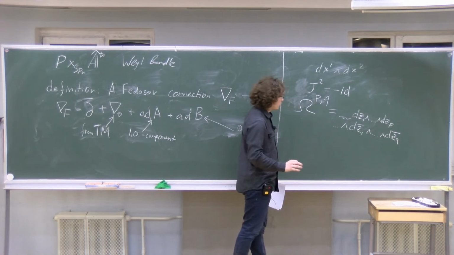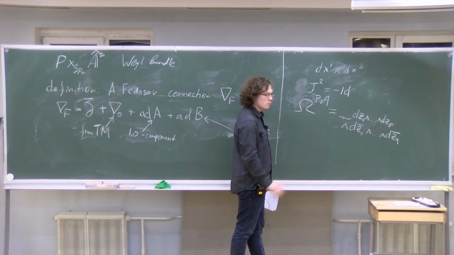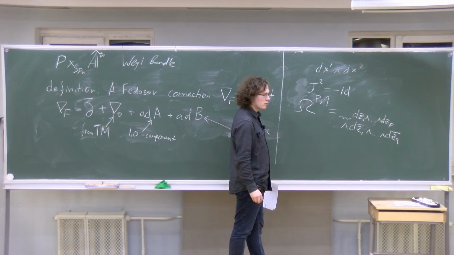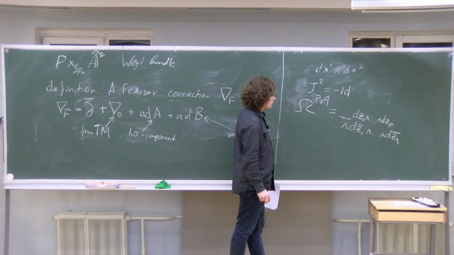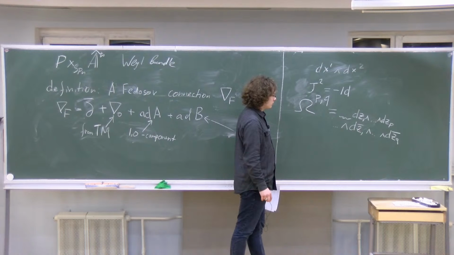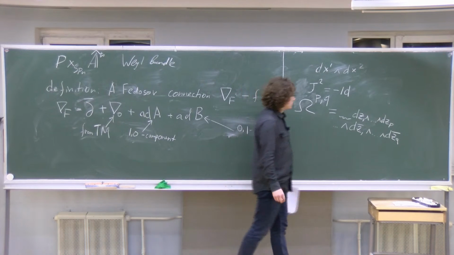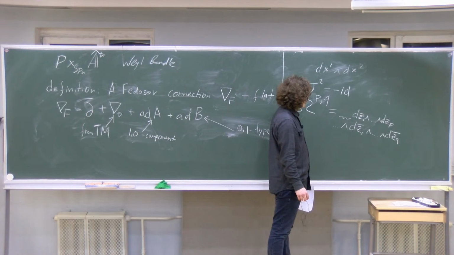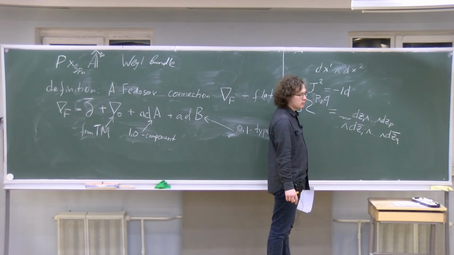To cut the long story short, you can do the following trick. If x1, x2, and so on, x2n are real coordinates, you can actually form complex coordinates from them by considering formal combinations of xi plus square root of minus 1 yi. So zi will be xi plus square root of minus 1 yi.